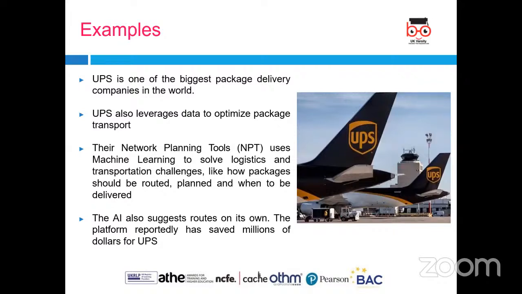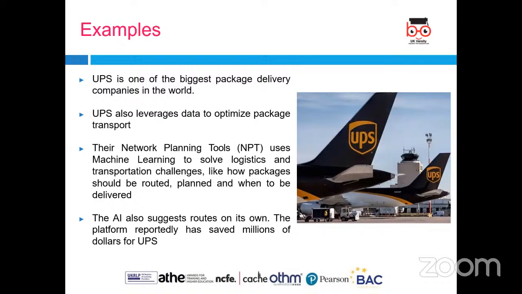So we have an example of UPS, which is the biggest package delivery company in the world, where we can see that UPS also leverages data to optimize the package transport.